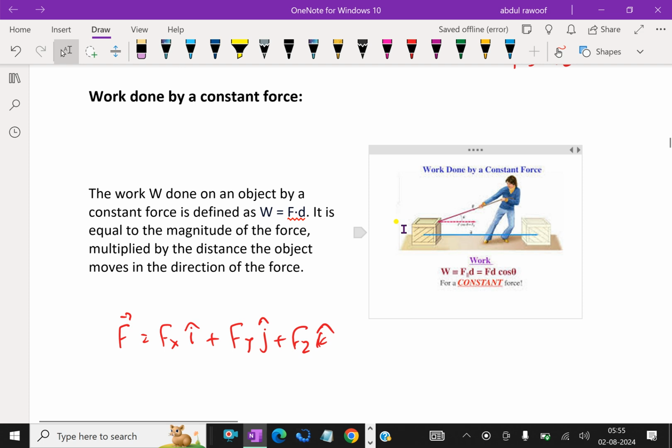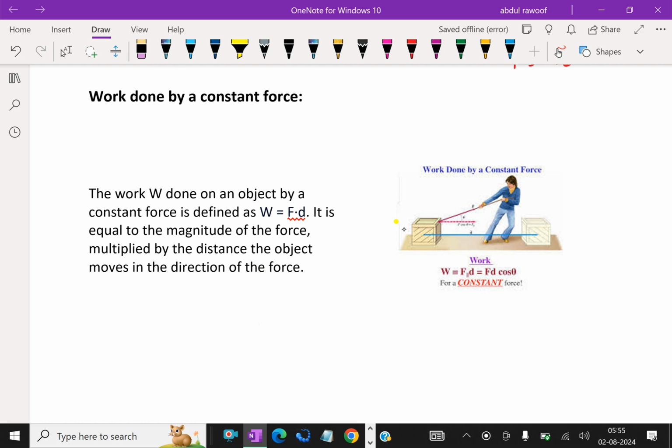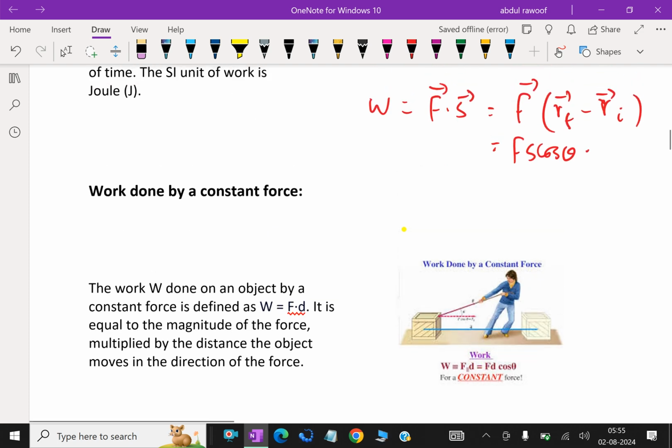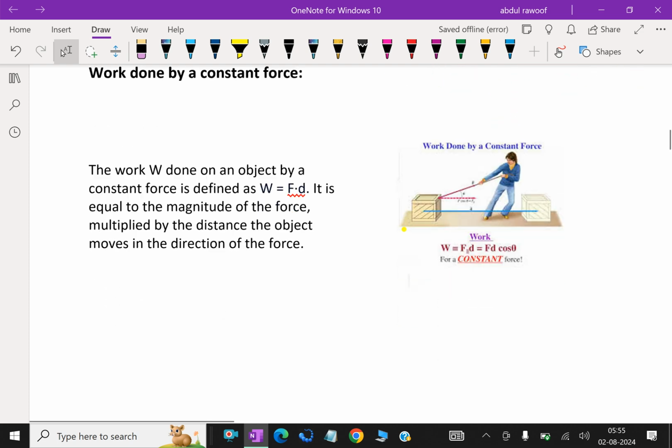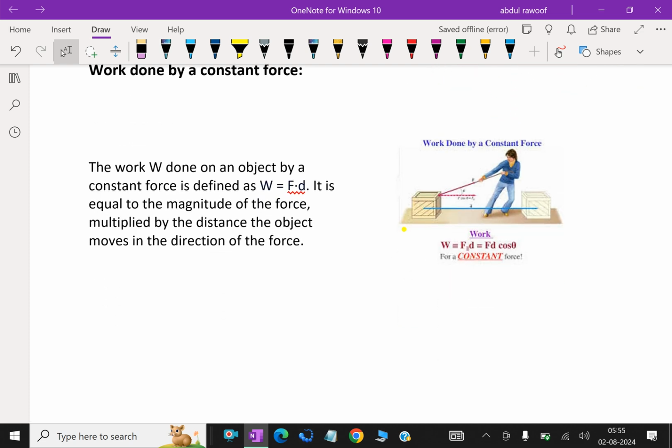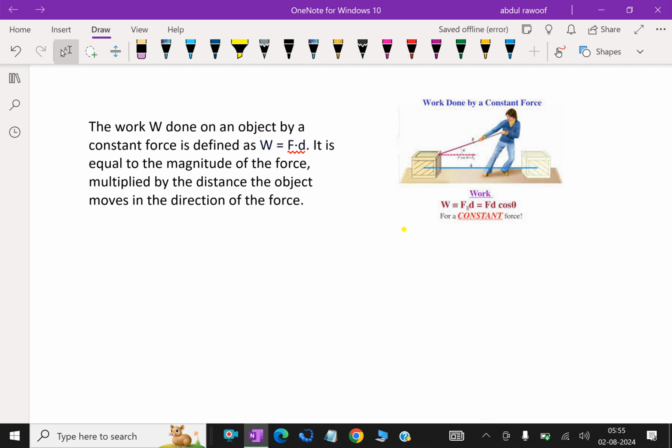This is for variable force. Here, work done by constant force. The unit of work is Joule.